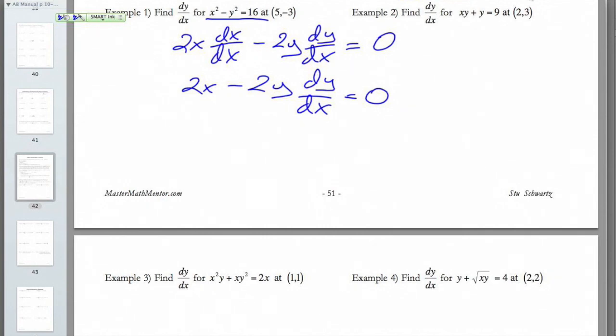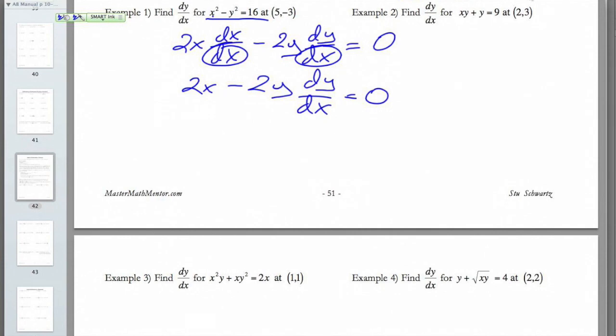Most of the time, we take the derivative with respect to x. That's why the dx is on the bottom, because that's what we're taking the derivative with respect to. The top is what we're taking the derivative of. On this first one, I was taking the derivative of x squared, so I need the derivative of x with respect to x. On this one, I was taking the derivative of y, so that's why I need dy over dx.